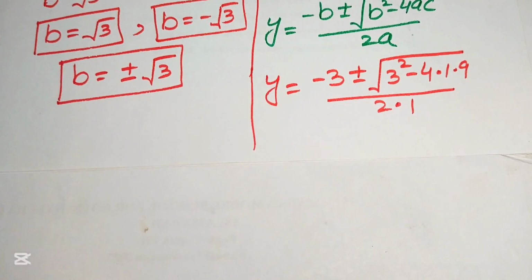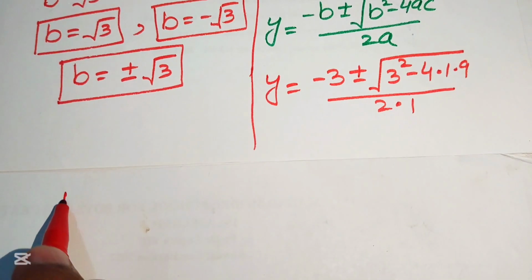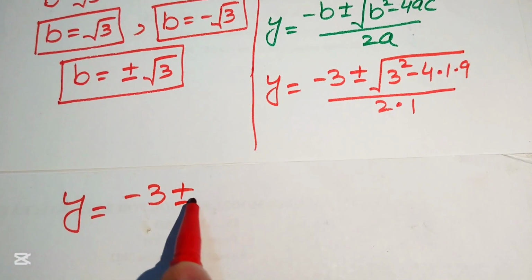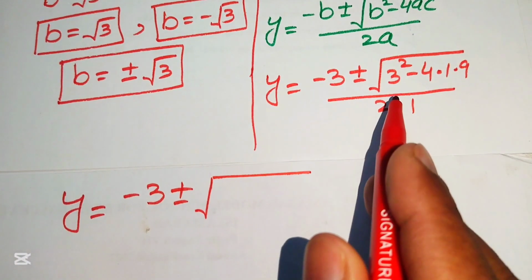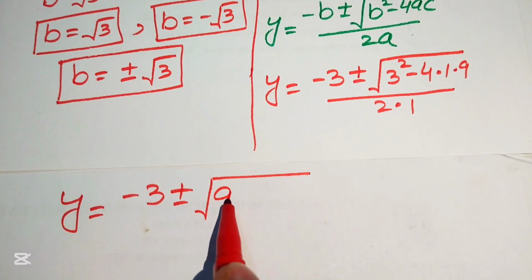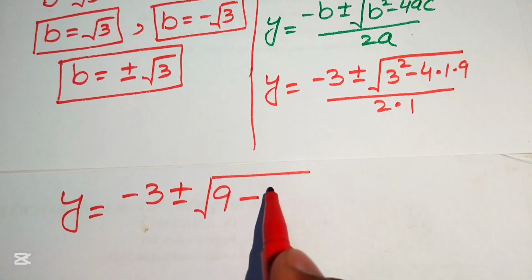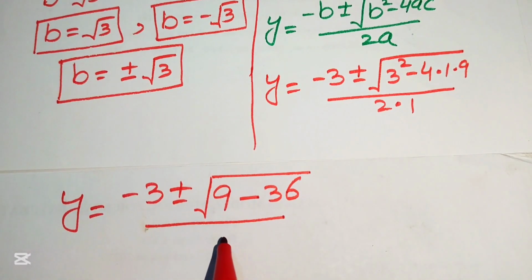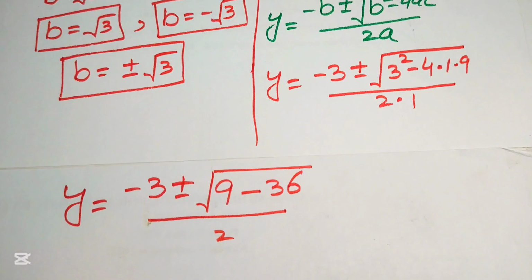In the next step we simplify further: y equals minus 3 plus minus square root of 3 square, which is 9, minus 4 times 9, which is 36, divided by 2 times 1, which is 2.